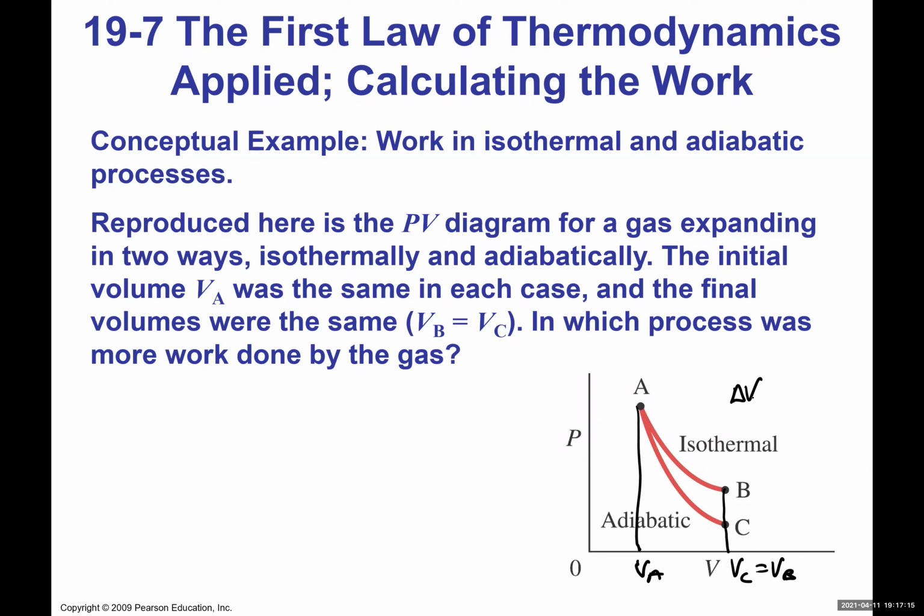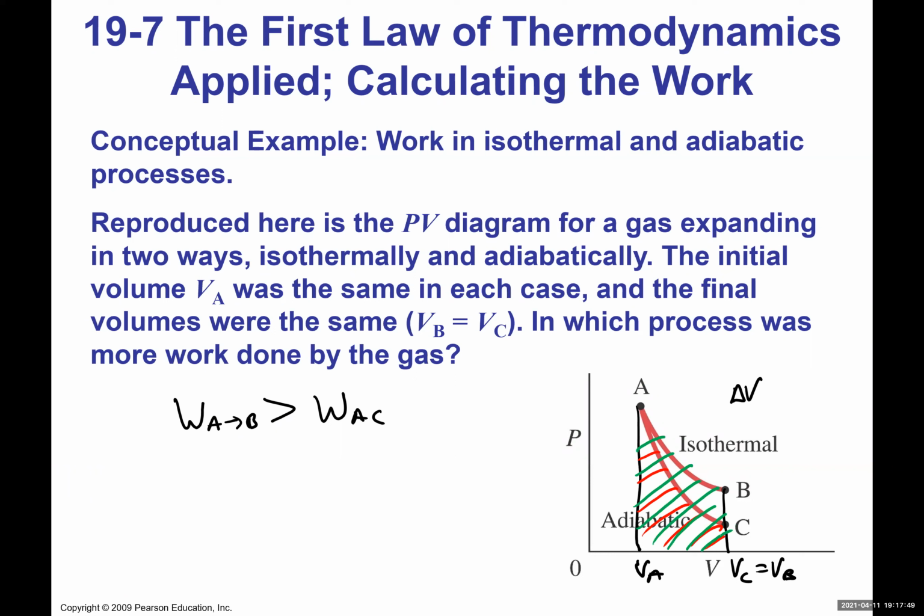Now the question is, in which process was more work done by the gas? I'm really hoping that at this point it will be clear to you that more work will be done going from A to B than going from A to C. Simply, you can see that, let's say this is the amount of work we need to do for going from A to C. And then this is the amount of work that we need to do to go from A to B, which is a bigger area.